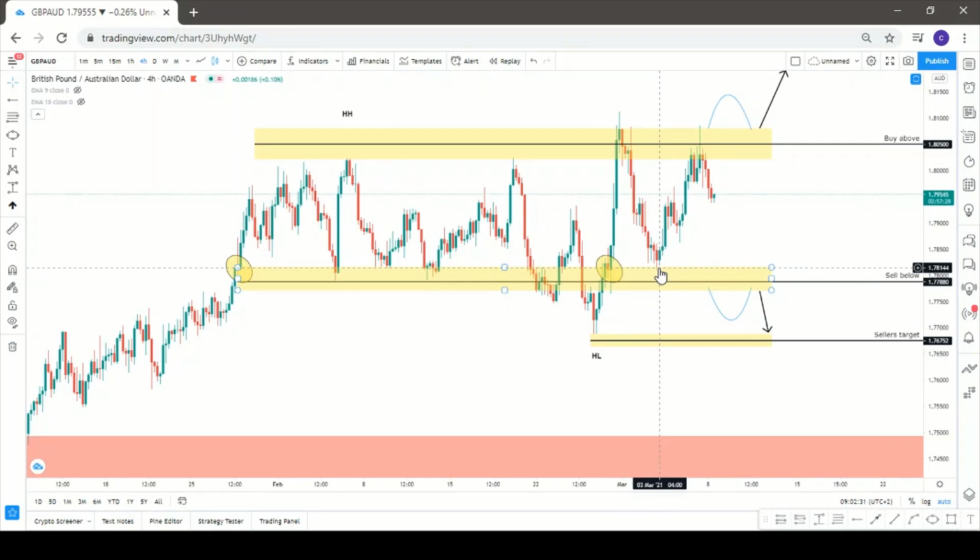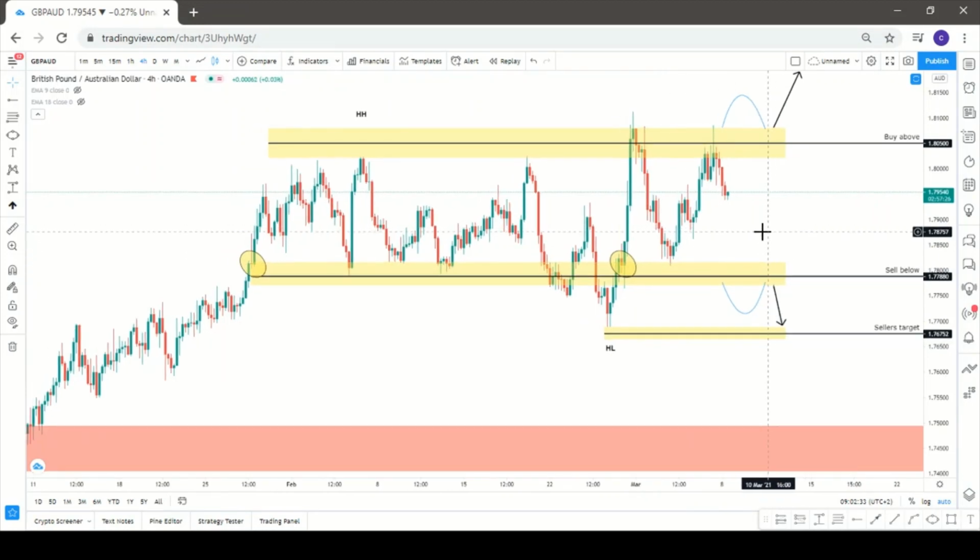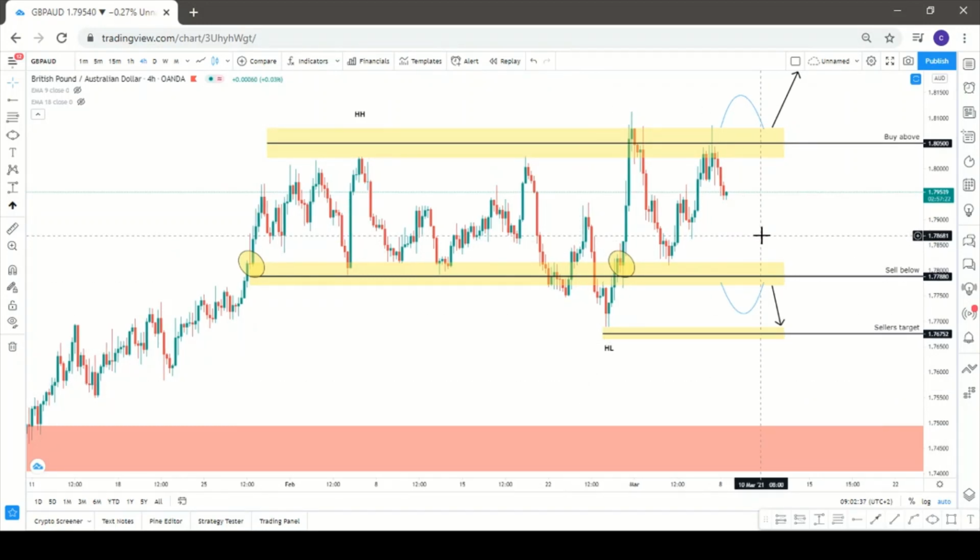And as you can see, GBP AUD is ranging. And the rules of a ranging trade is I'm actually looking to go long on this pair. So if we have a break above and a solid retest, I will be going long on this pair. If you do have a break below, I won't be going.